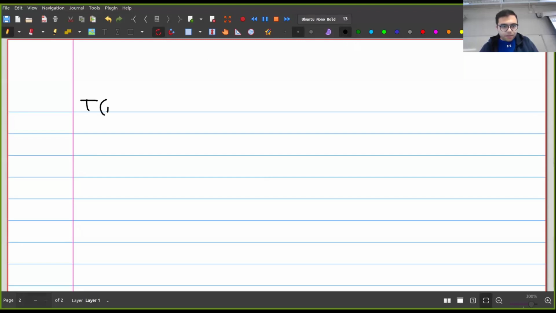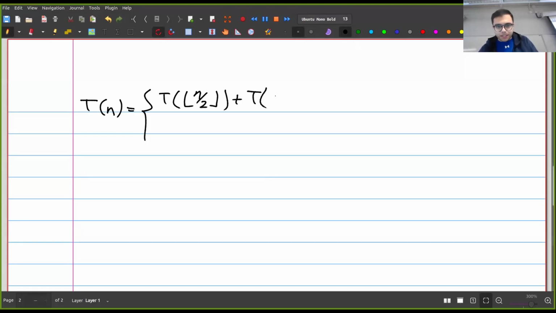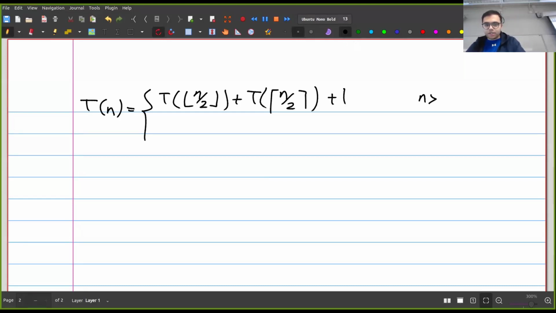T of n is going to be T of floor of n over 2 plus T of ceiling of n over 2 plus 1. And this is if n is greater than 1, and let's say it's 1 if n is 1. Okay.